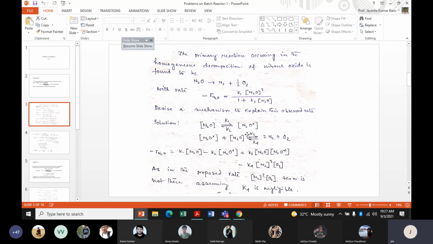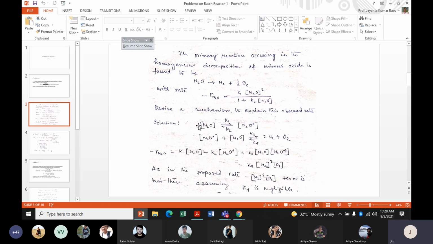First step N2O giving intermediate product which is unstable, so it will react further with this. So this is of the form A to A star and A star plus A giving the product 2N2O2, similar to this reaction. And assume the rate constants K1, K2, K3, K4.